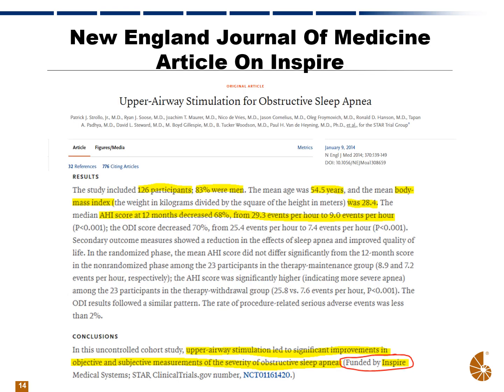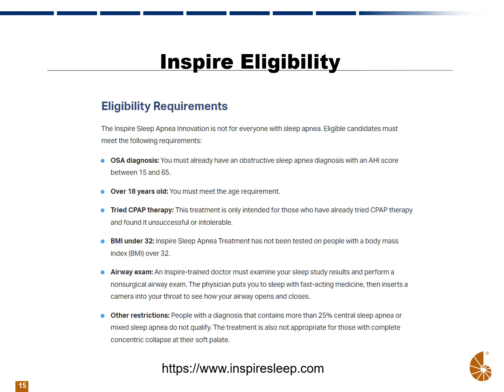And this is a New England Journal of Medicine article on Inspire. It was funded by the company that sells the product, but it shows that in this group of people, it helped with obstructive sleep apnea in this particular group. There's eligibility requirements.